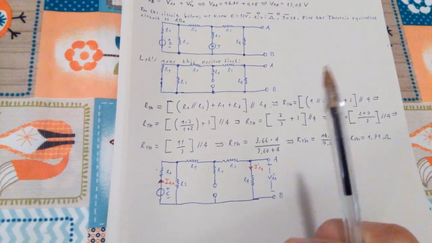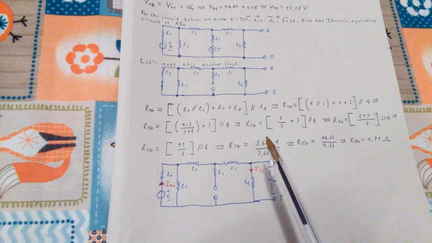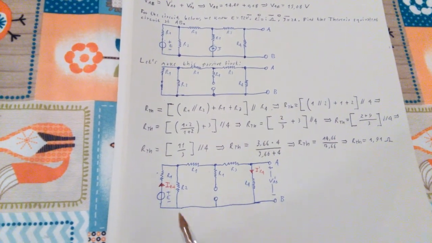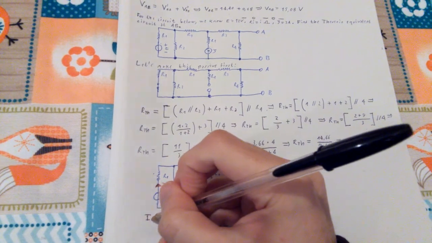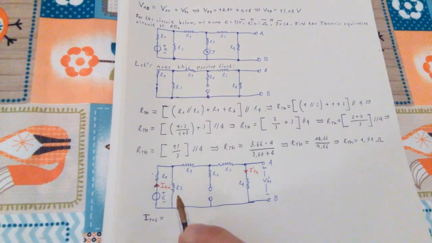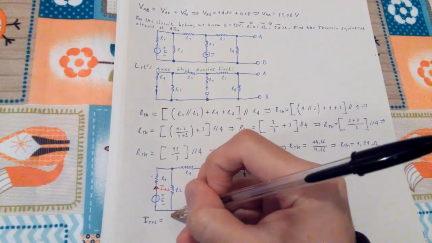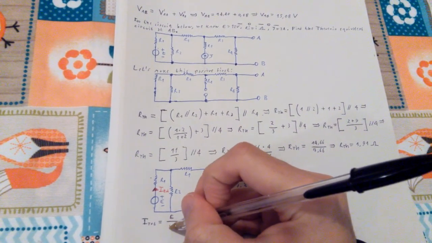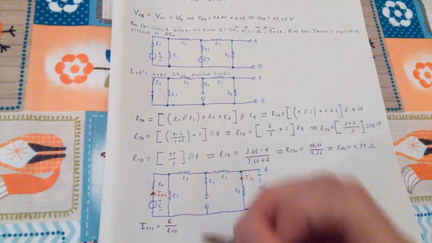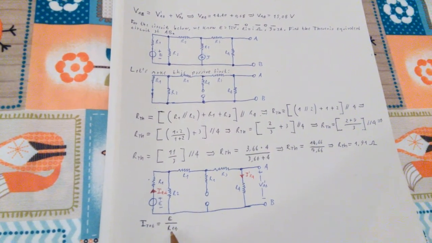Before doing that, I'm finding I total. I total, as I defined it, is going to be E, my generator, over R equivalent.